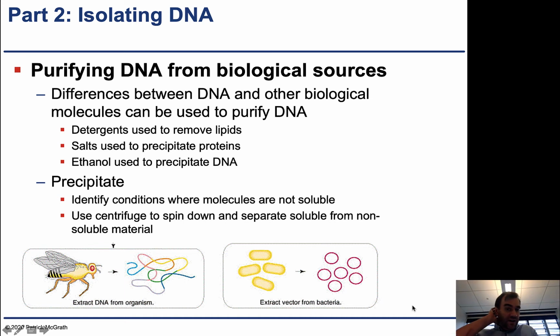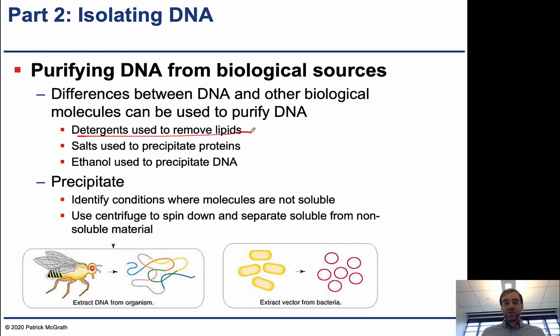Back in the 1950s, researchers figured out ways to isolate DNA from other biological molecules. There are a couple of different ways that are important. One thing you can do is add something that will destroy something you don't like. For example, if you add detergents, which are soaps, they break up lipids and fatty acids. Anything that feels greasy and that you can't get off your hand is water insoluble.